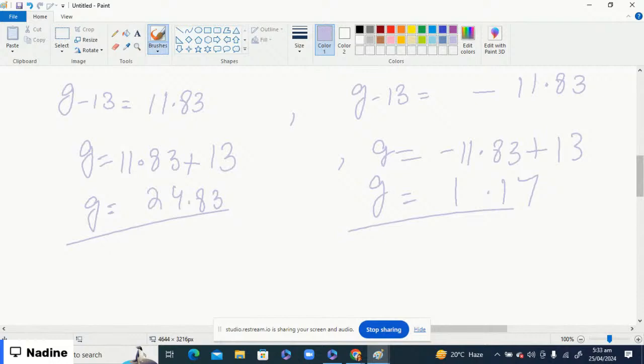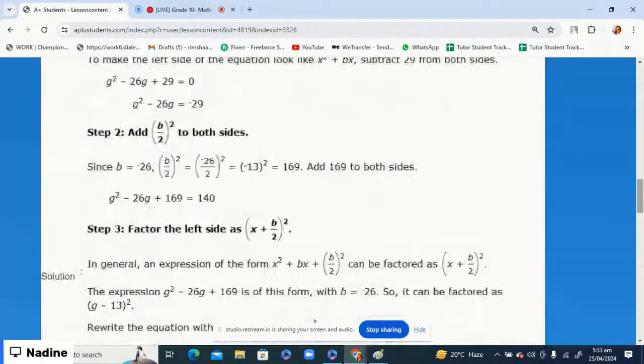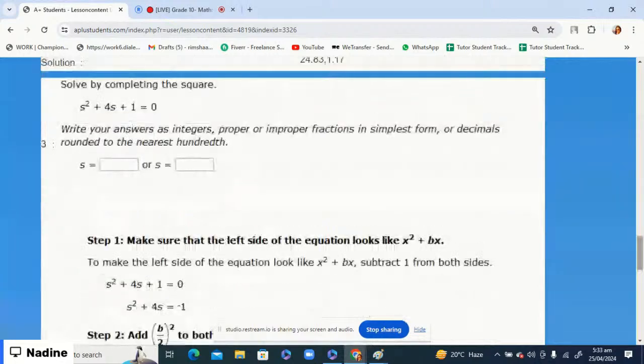Okay, let's revise this method and then we will move forward. If you have a quadratic equation like that, what is the first step that you will take?